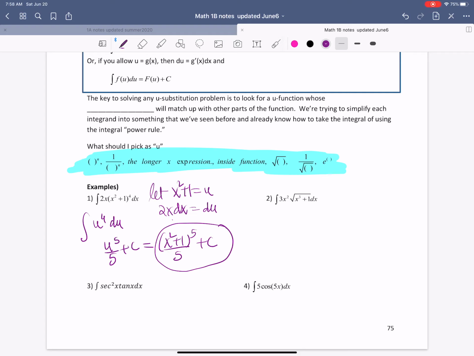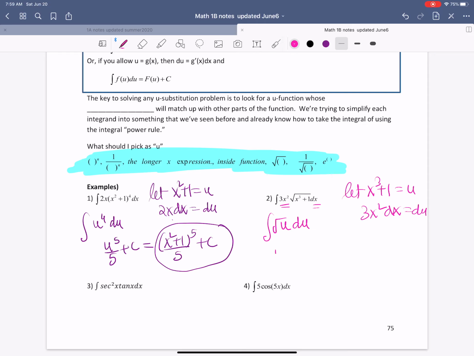Here's number 2. We have 3x squared and cube root of x cubed plus 1. We can let x cubed plus 1 be u, 3x squared dx be du. So this entire thing is du, so it's the square root of u du.